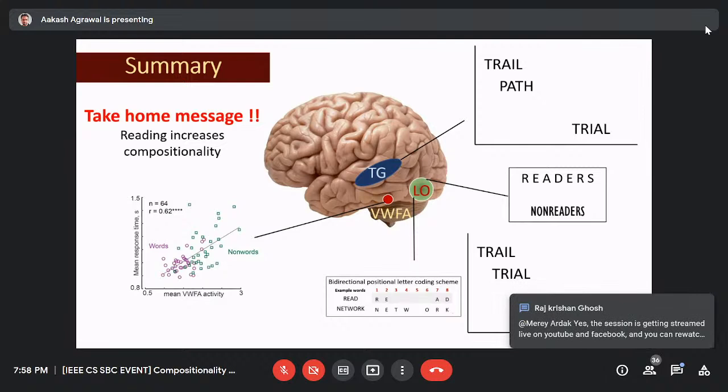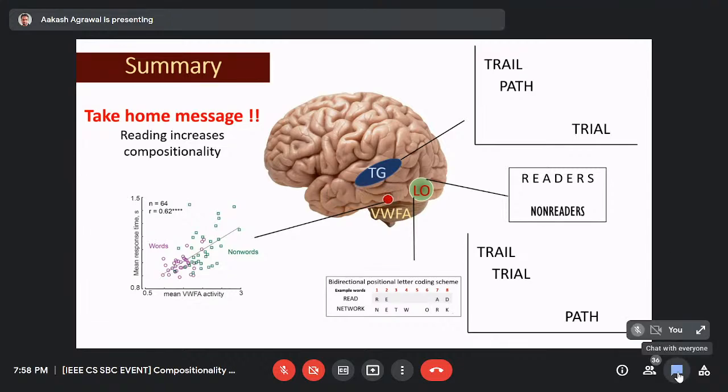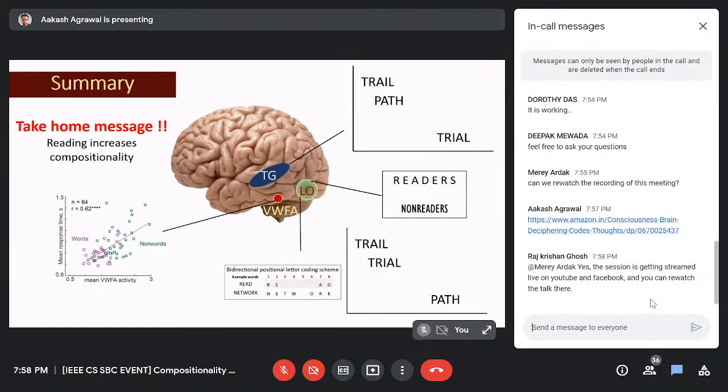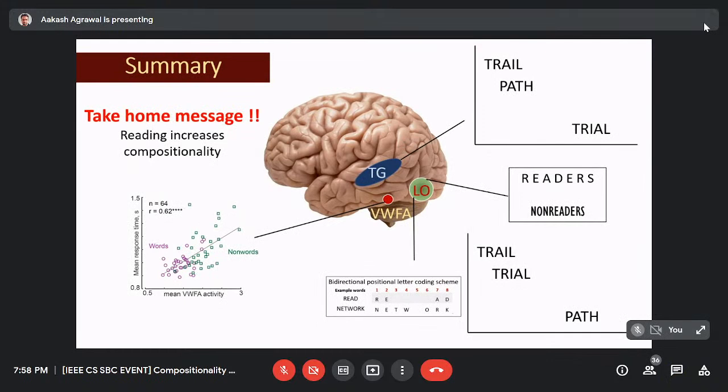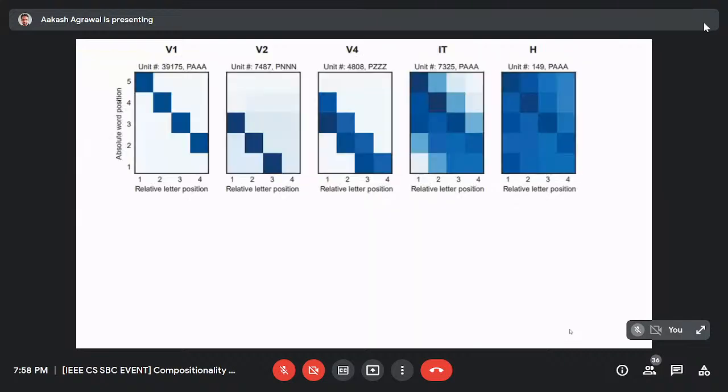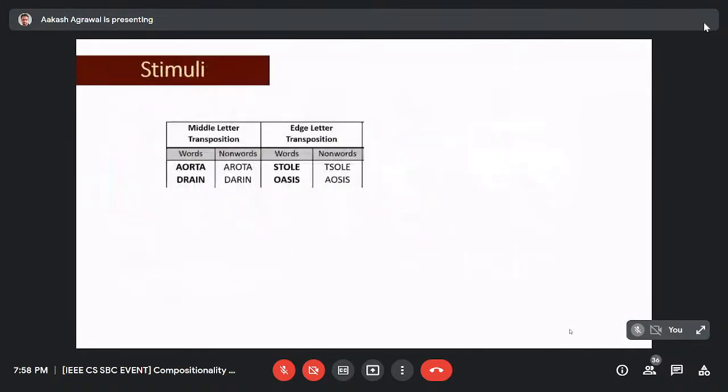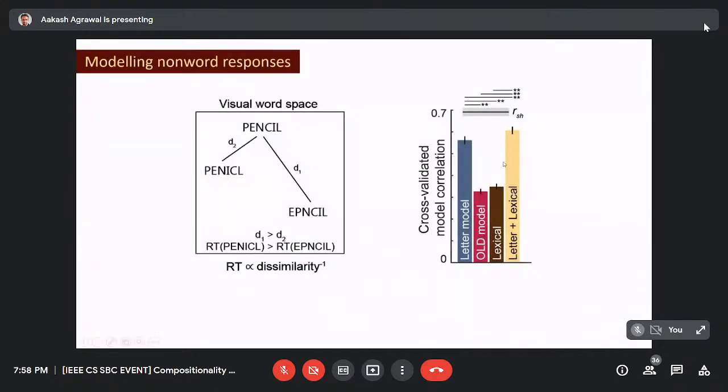Yes. When I say I'm doing a comparison between the similarity, I'm assuming I have the template of the word. Let me pull out that slide. If you look at this slide, in behavior I could estimate the dissimilarity between the actual word and the jumbled word. But when you see something, the incoming information is only for the PI and ICL.